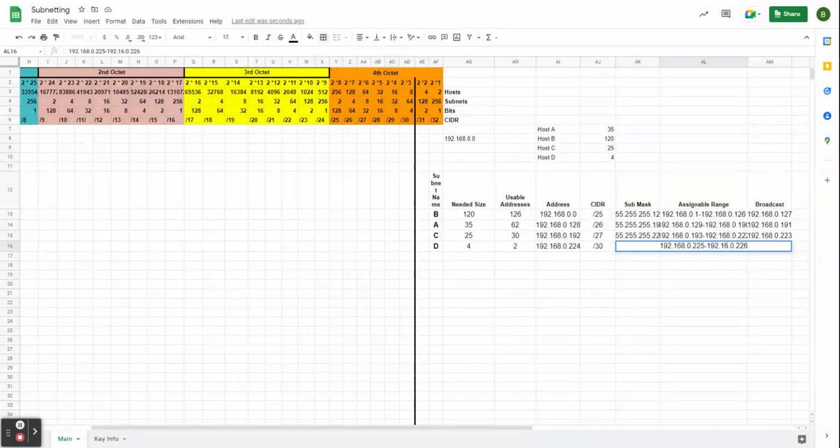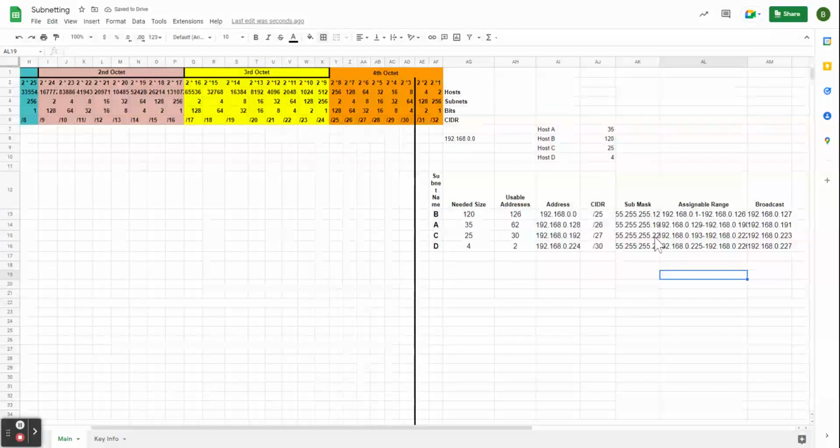The broadcast address of 192.168.0.227. Okay, so again, how I know it's going up in that range is that first number here in the bit. So it's going up in blocks of 4. So the next network will start from 192.168.0.228.